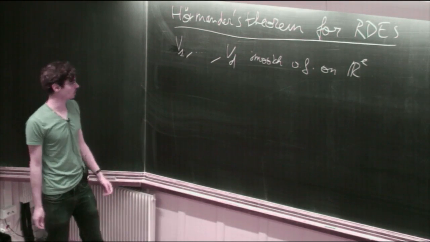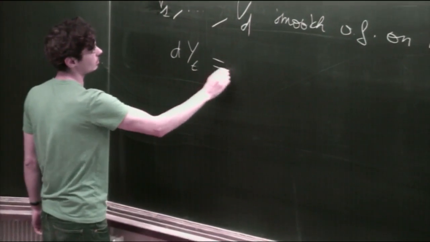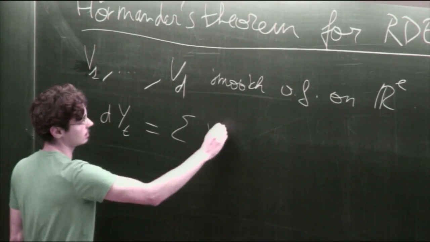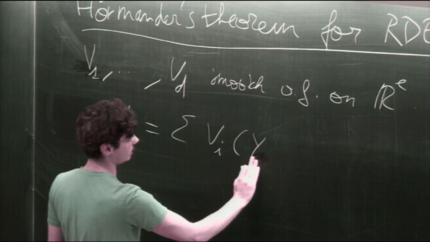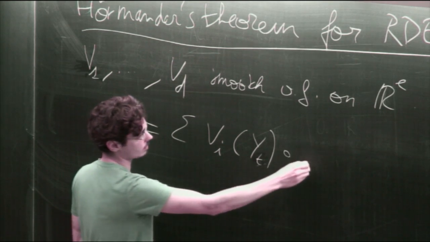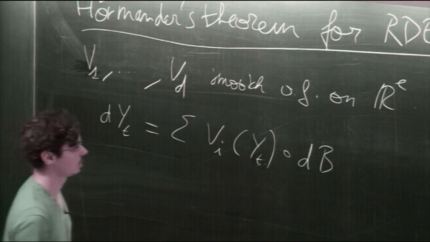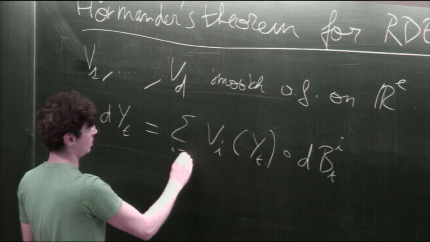Then we look at the stochastic differential equation dY_t, driven by these vector fields along Brownian motion. Here it's a d-dimensional Brownian motion, and we sum for i equal 1 to d.